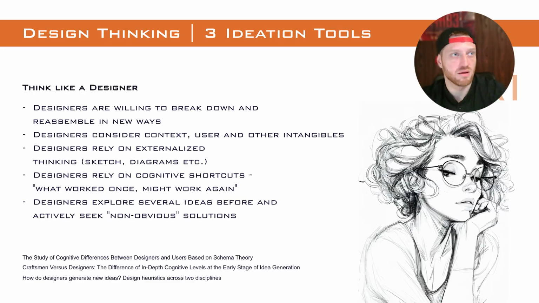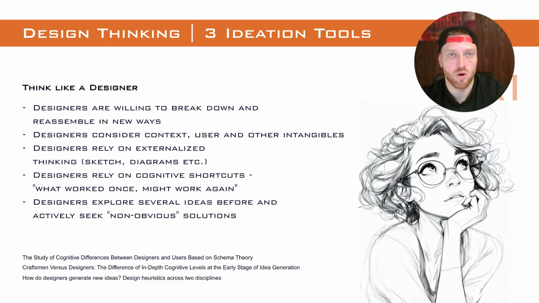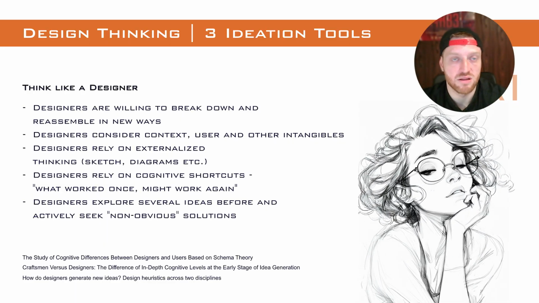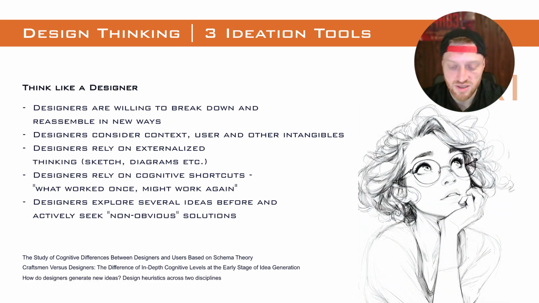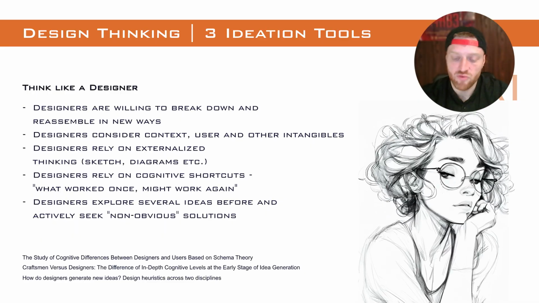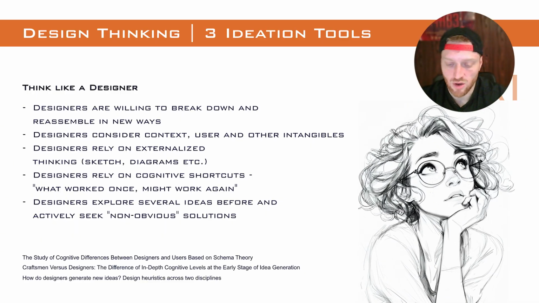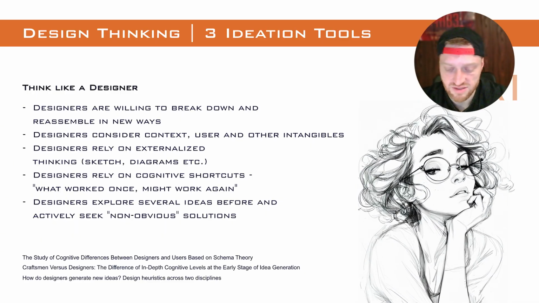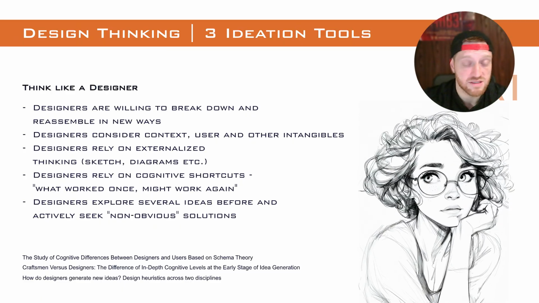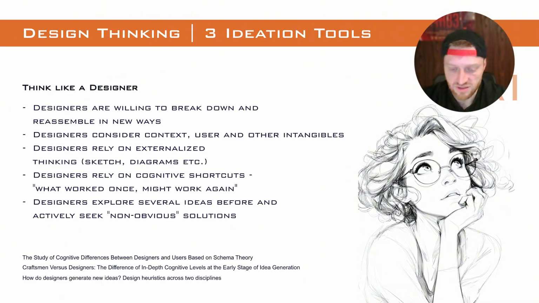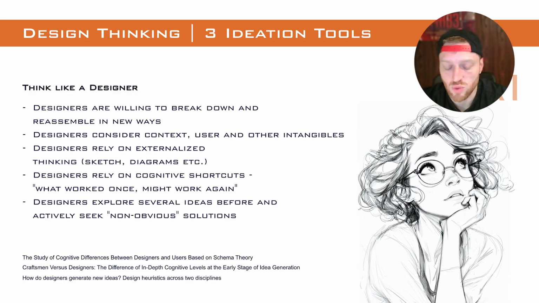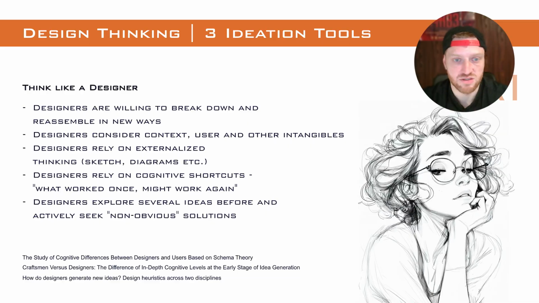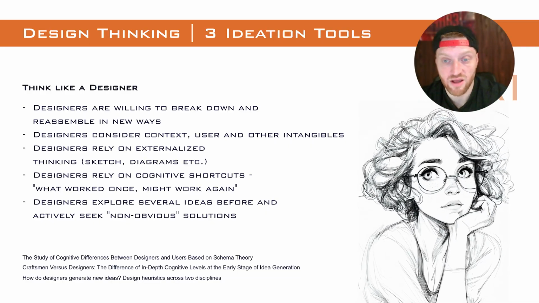So other people might look at a product and see it as a whole and try to also understand the problem by keeping the whole intact. What designers tend to do is to disassemble elements, reassemble them in different ways, and see how that changes the function. Does it improve? Does it help? And yeah, just this disassembly and deconstruction of things does often lead to new and interesting approaches toward the same object. Also, designers consider the context, the user, and other intangibles.